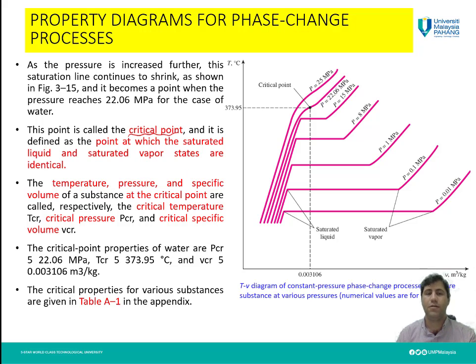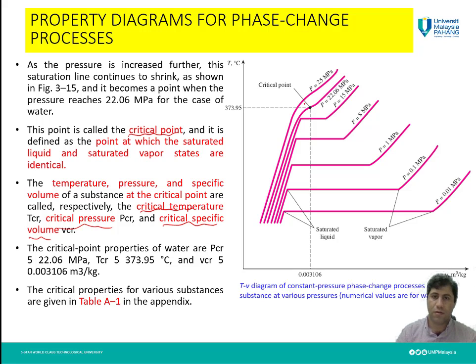The temperature, pressure, and specific volume of a substance at the critical point are called, respectively, critical temperature (T sub CR), critical pressure (P sub CR), and critical specific volume (V sub CR).